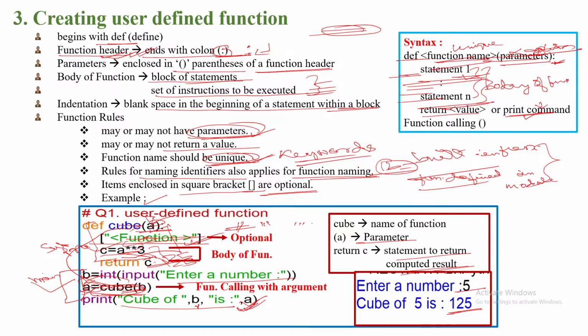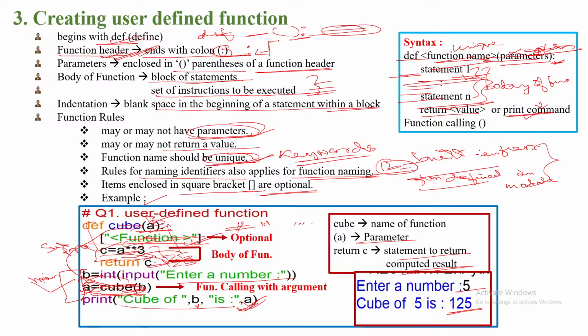So like this you can create a user defined function. So what is the most important part? First, begin with def, then the function header. Function header means begin with def, then the function name, then parameters depending on the user, if you want to pass any, otherwise none, then end with a colon.